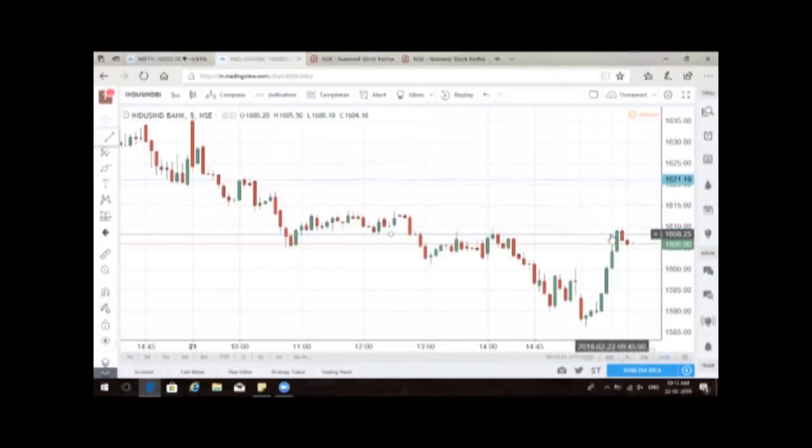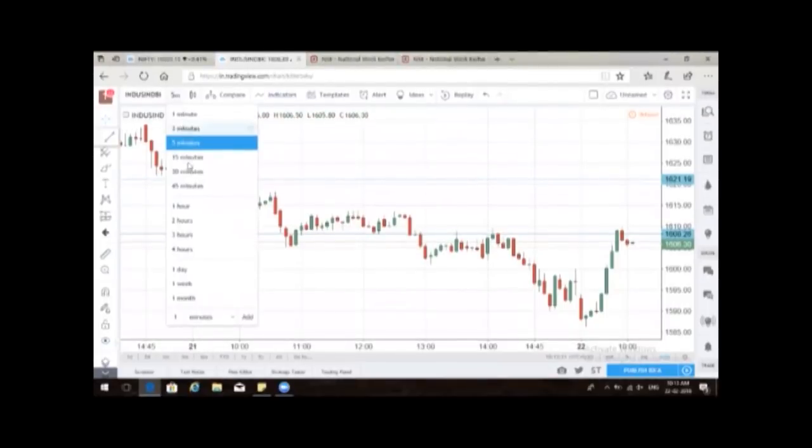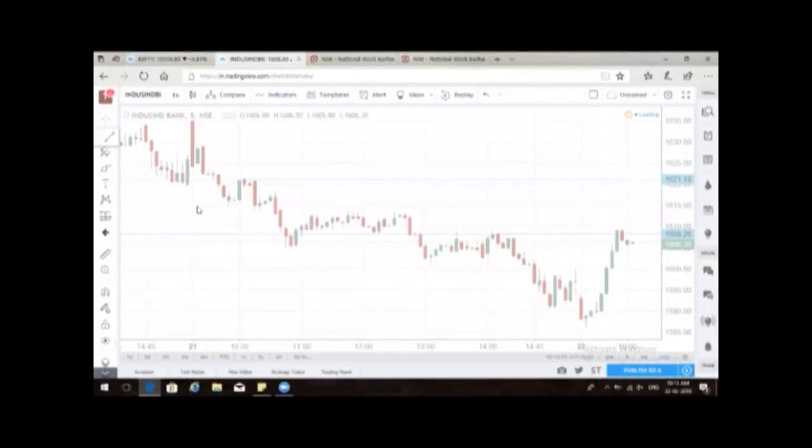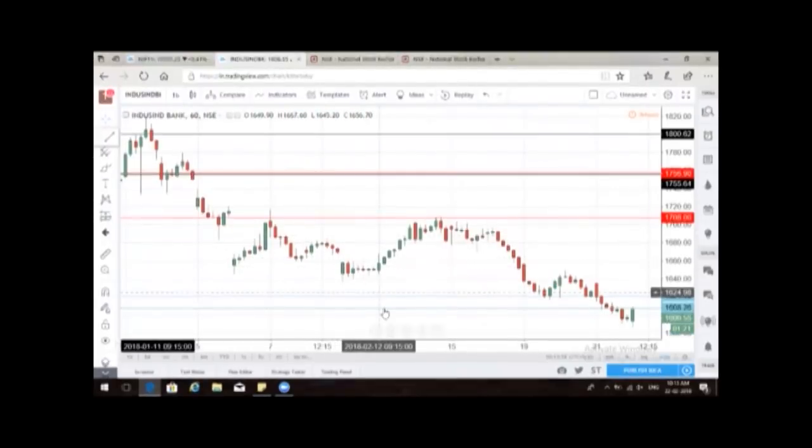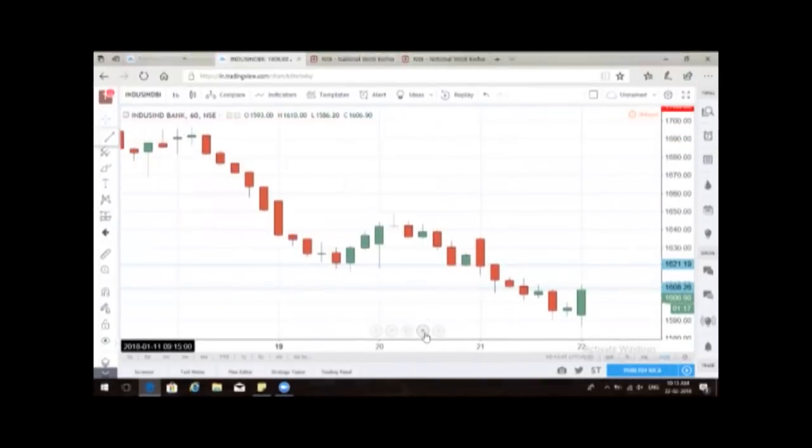And now on the 5-minute chart, 1610 and 1612 are acting like resistance. So we can go down to the hourly chart to understand where the higher resistance is, because on the hourly front the resistance becomes much clearer than on 15 minutes. Now what I'm seeing over here is a quick pullback which has taken place.